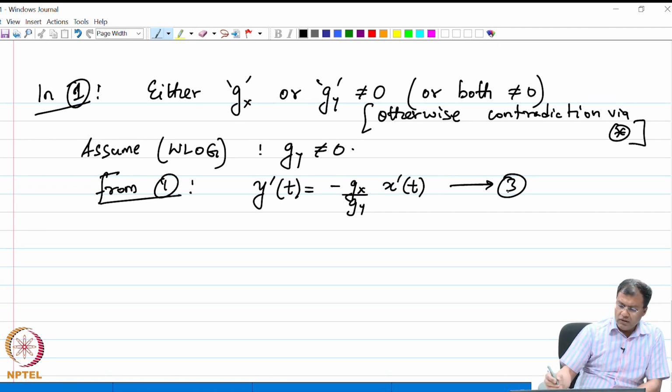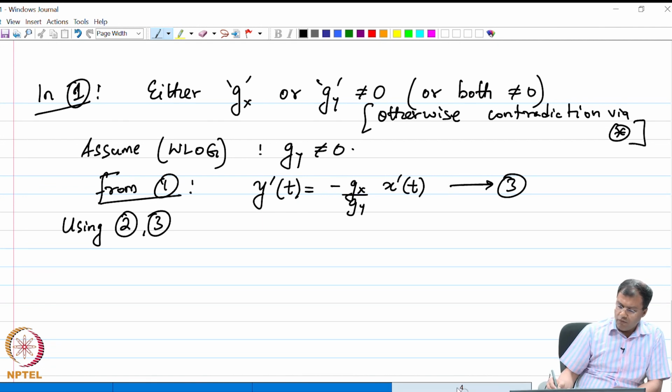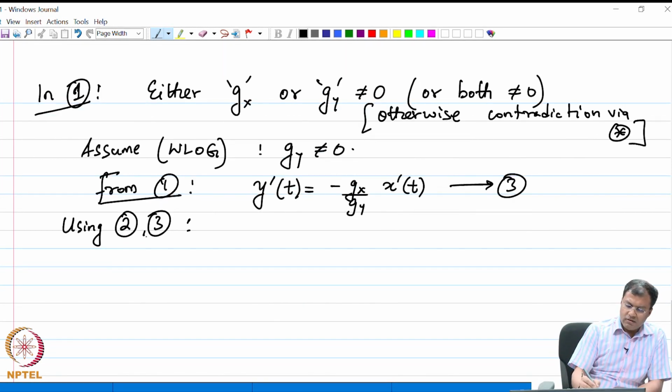Now let us use the previous relation 2 and 3. I am going to find a common relation between f and g. In relation 2 I am going to substitute this expression for y prime using relation 3, and I arrive at the following expression.